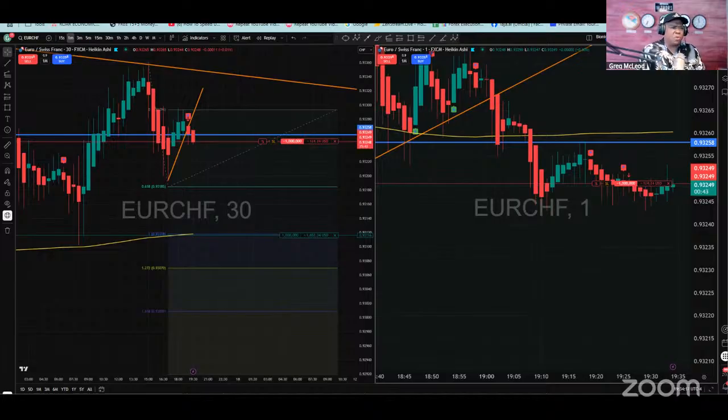Love seeing the tall wicks that point in the opposite direction of our trade. 93.25, 93.26.